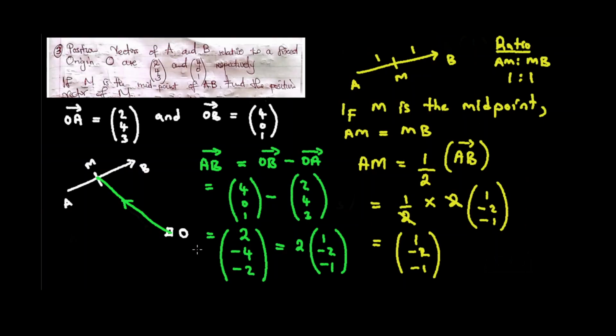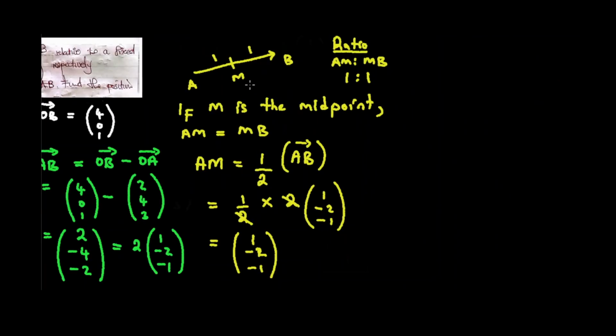And you can try it using AB as (2, minus 4, minus 2). You will see that 2 goes into 2 once, into minus 4 minus 2, then into minus 2 minus 1, giving us (1, minus 2, minus 1) as well. But taking out the scalar makes it easier because we can just have half times 2. So our answer here is (1, minus 2, minus 1).